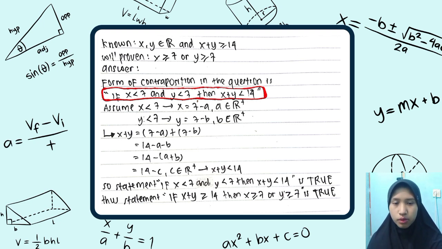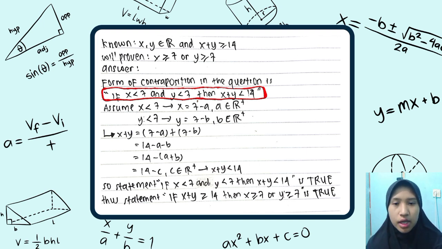It's also equal to 14 minus a minus b, which is equal to 14 minus (a plus b). Now we assume a plus b equals c, because a is a real number and b is a real number, so c is also a real number. So in the end we get 14 minus c, where c is a real number.